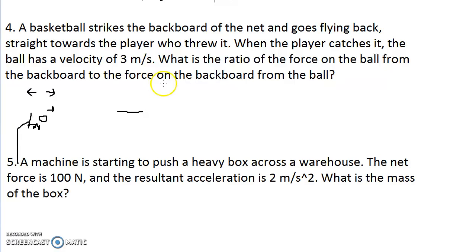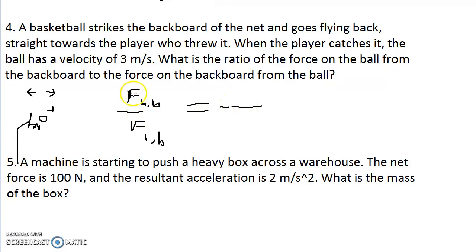that force. But we do know by Newton's third law that this placeholder for force here, we can say on the ball from the backboard, so B doesn't really matter, but the force on the backboard from the ball is going to be the negative ratio of 1 to 1.